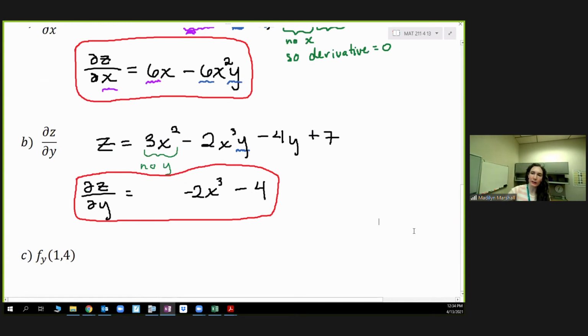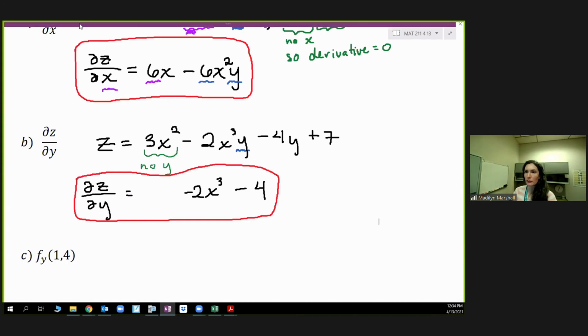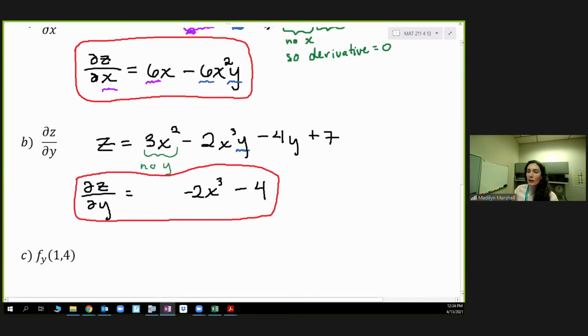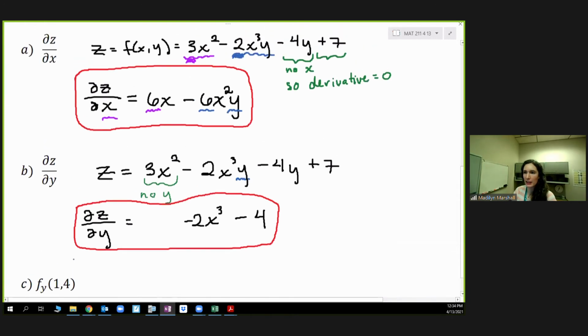So here we have a different notation. So we have f sub y, so that's going to be the partial derivative of f with respect to y of 1/4. I'm going to scroll up for just a moment so we can remember how these things are related.